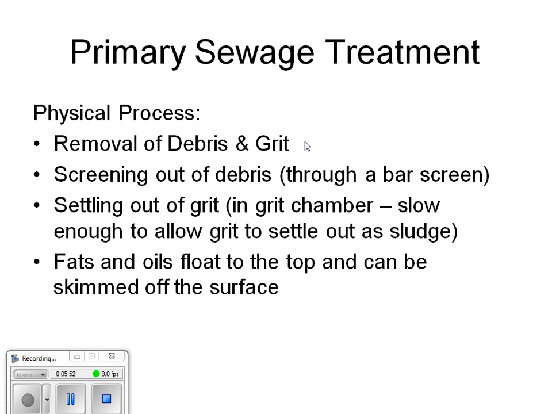It does this by screening out the debris, and then any of the remaining debris settles out in what we call grit chambers, where it follows and mimics the natural processes of a river system, where the river is slowed down and the reduced flows result in a loss of carrying capacity by that stream, and as a result the larger material just settles to the bottom. Some of the finer material and the less dense material hang out at the top, and that material is skimmed off the surface. This includes fats and oils.